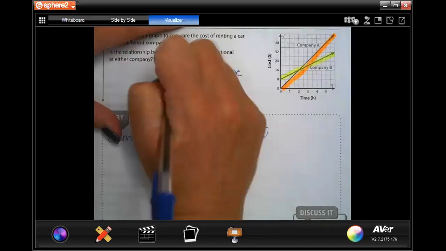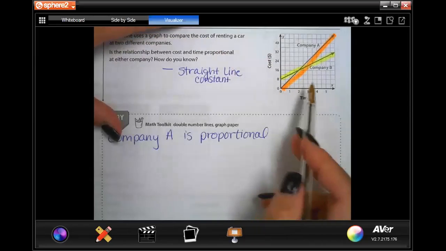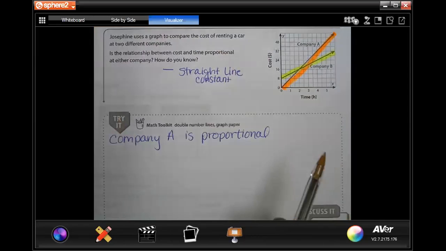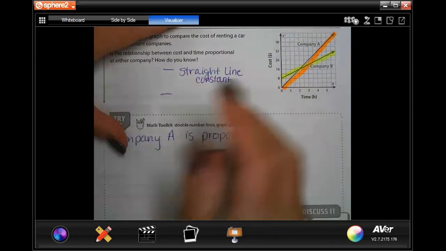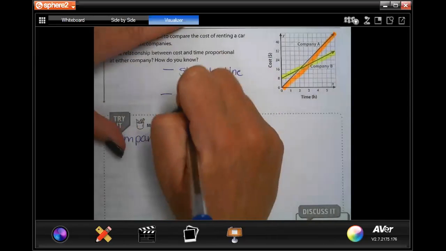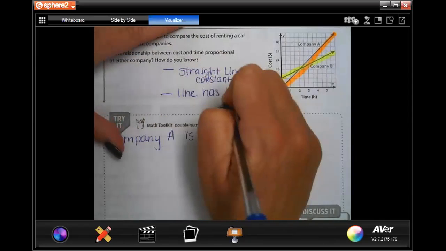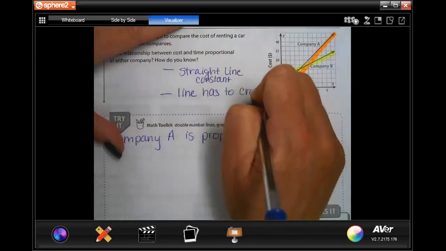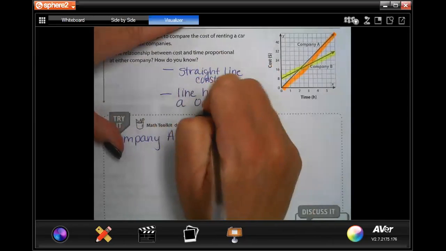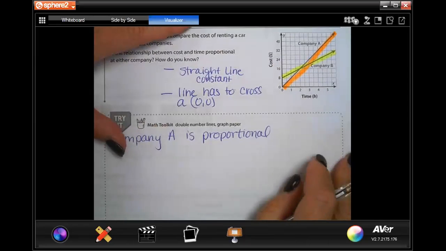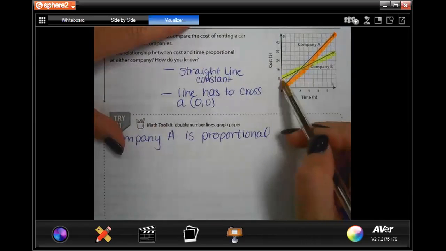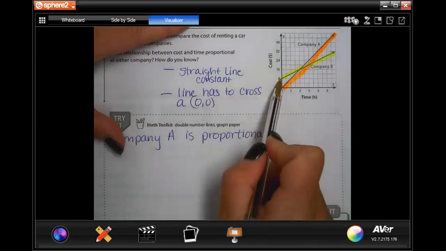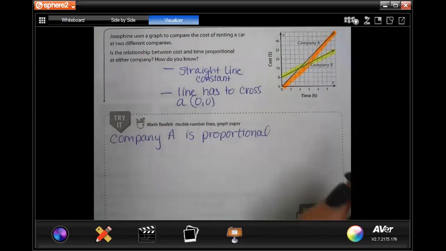If you look at this, both of these are straight lines. So right now, both of them are proportional. But the second thing that has to happen is the line has to cross at 0, 0. And if you look at company B, it crosses the y-axis at 0, 8.